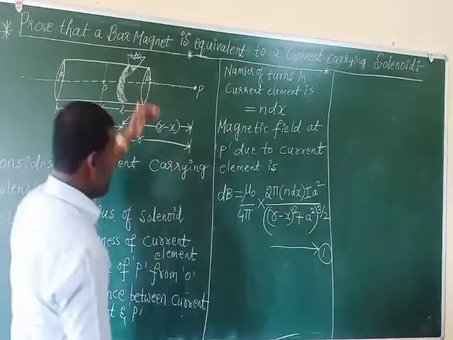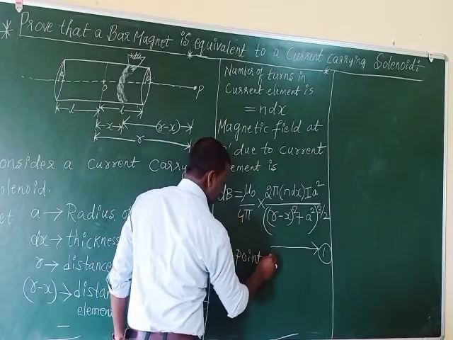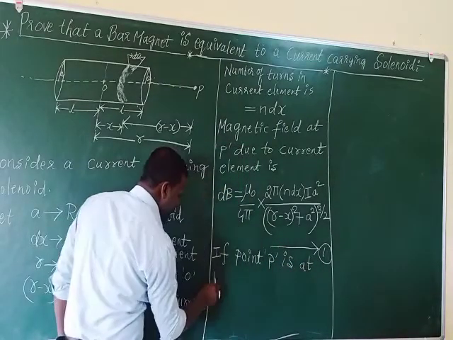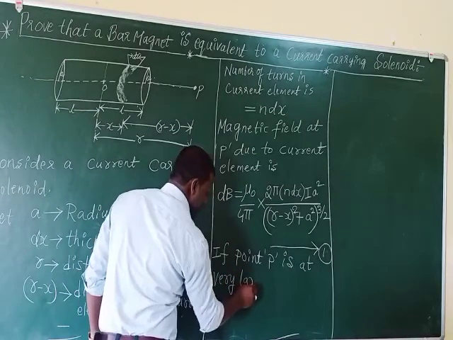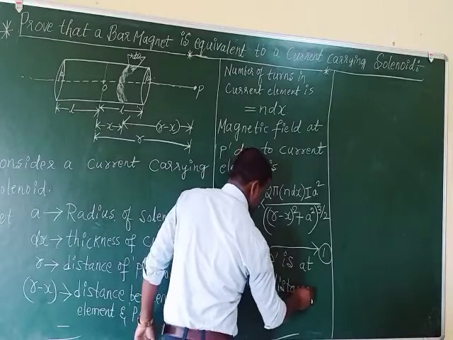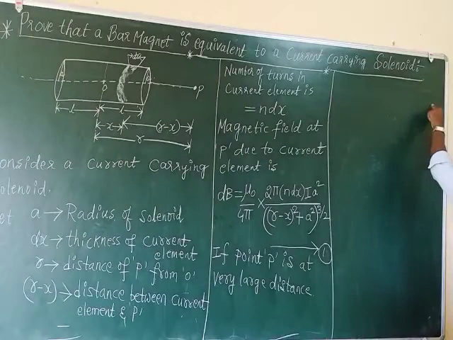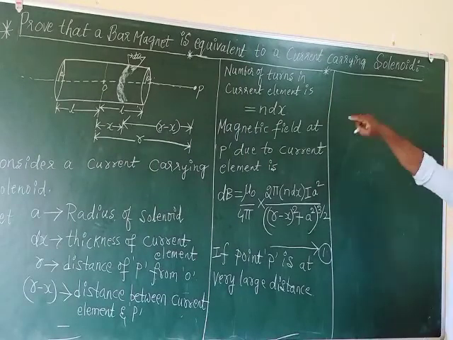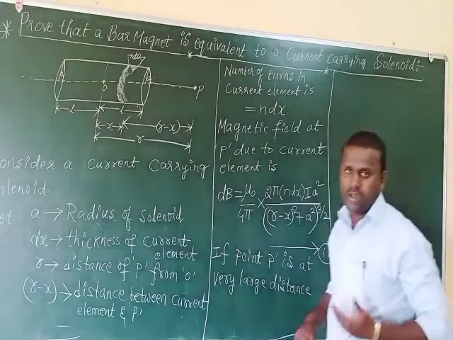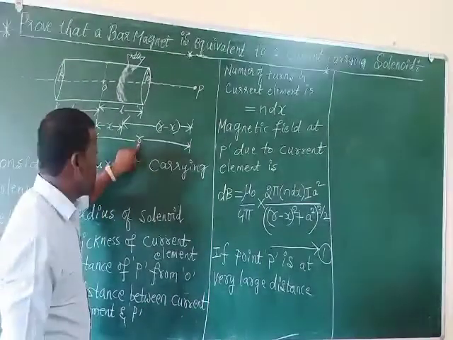If the point P is at a very large distance, imagine the point P is here. If the point P is at a large distance, then r increases.